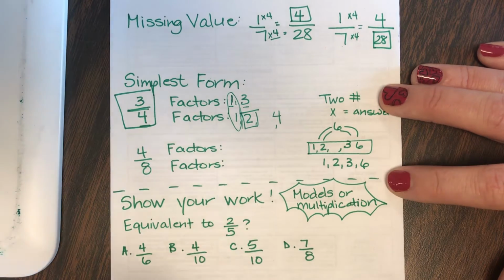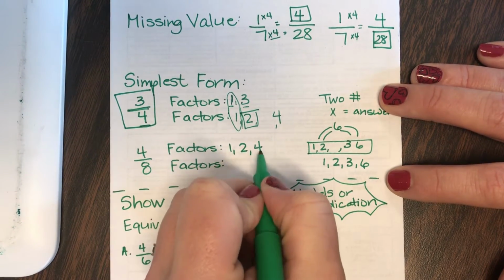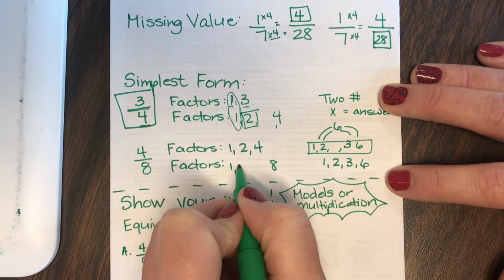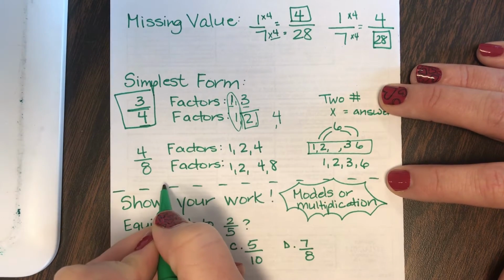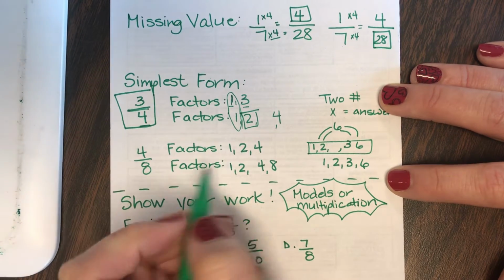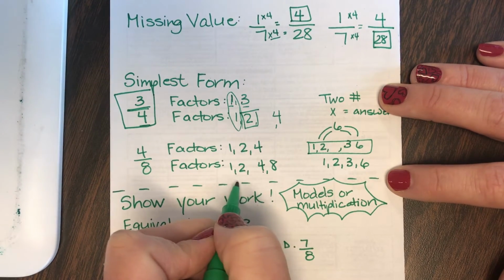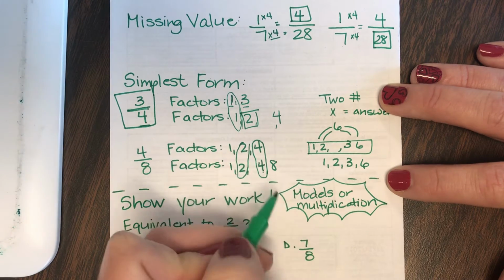But if we look down here at 4/8, again the factors of 4 are 1, 2, and 4. And our factors of 8, 1 times 8, 2 times 4, 3, you can't multiply anything by 3 to get 8, and then that gets it right up to 4. And so if I'm looking here, we have 2 and 4 in common.